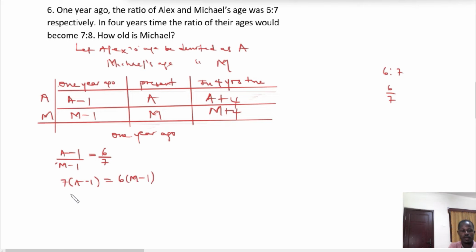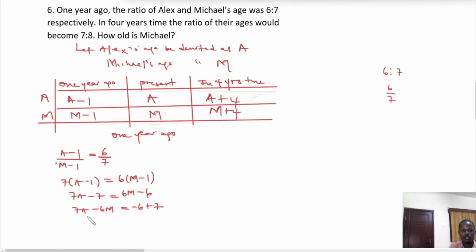So we have 7A minus 7 is equal to 6M minus 6. 6M comes over and becomes minus 6M, and minus 7 goes over and becomes plus 7.